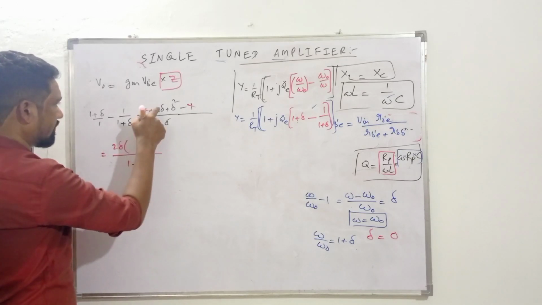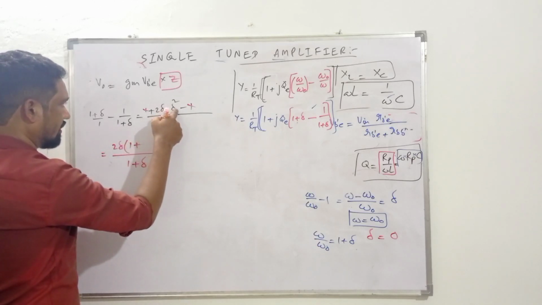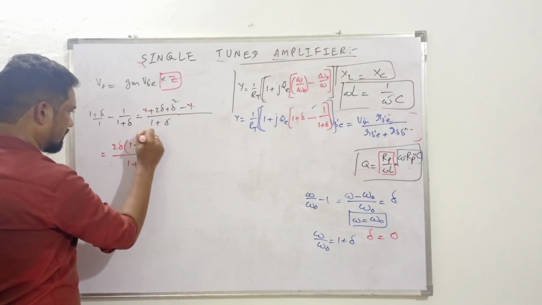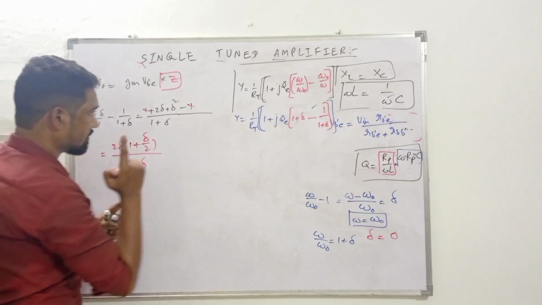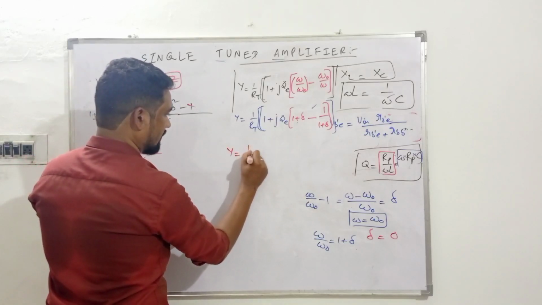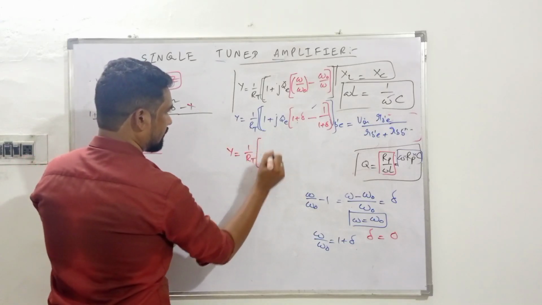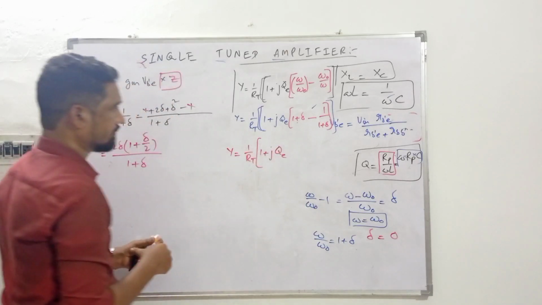2 del as common from here, so we have 1, take it out, plus 1 del has already come out, so it should be del by 2 over here, okay. So this simplification, plugging in over here, y will be equal to 1 upon RT into 1 plus j Q effective, right?